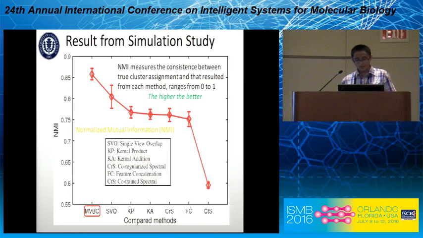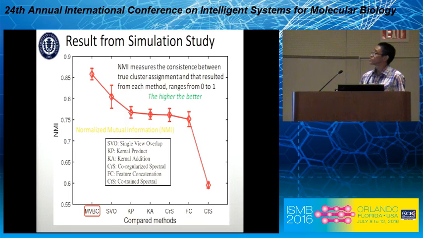So we validated our method using synthetic data, and we compared with the simple two-step approach that I introduced earlier, and also several multi-view clustering methods in the machine learning literature. All the methods are measured by NMI.